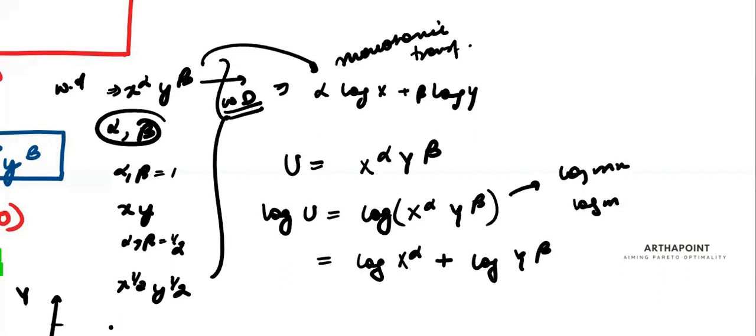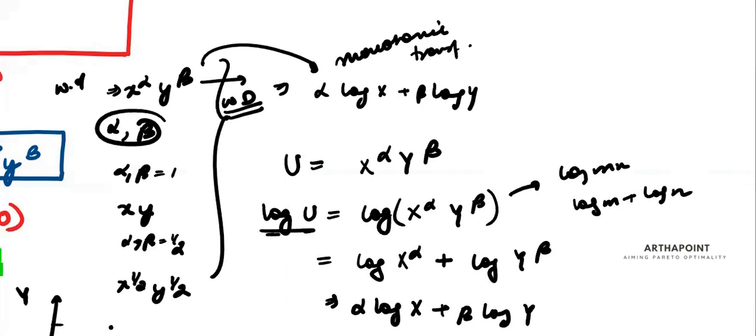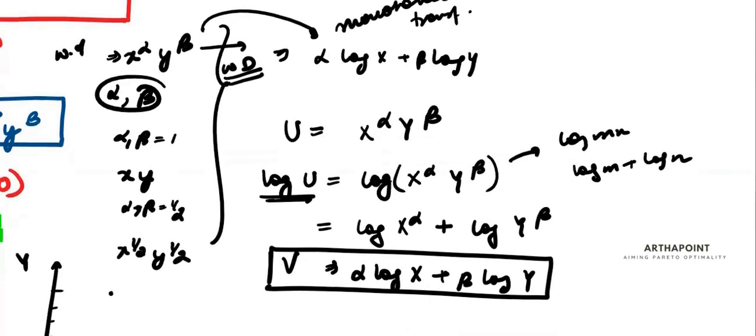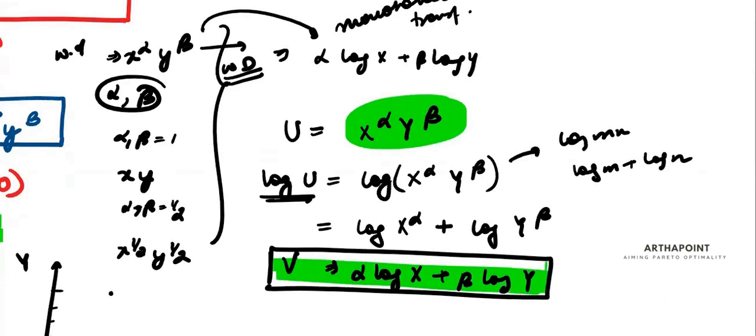So it will be log m plus log n. This is nothing but alpha log x plus beta log y. And log of u is nothing but a new monotonic transformed utility function, v. So, my well-defined preferences, x to the power alpha, y to the power beta, can also be represented by alpha log x plus beta log y. That's also possible.